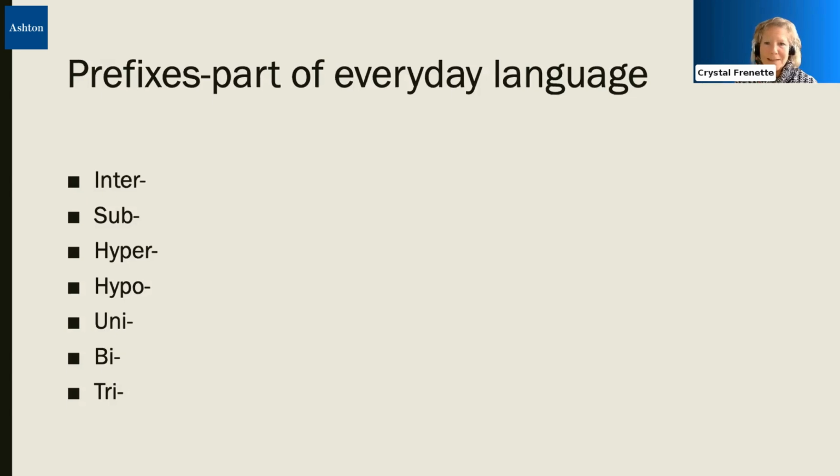We use it every day. We're using it now, right? So inter means within. We've got this network that we are within, right? So in terminology, we might see another word like interdental, which would mean pertaining to between or within teeth, right? Somebody's cleaning between the teeth is what that really means. But instead of saying all those words, the dentist cleaned between the teeth, the hygienist cleaned between the teeth, we talk about interdental.